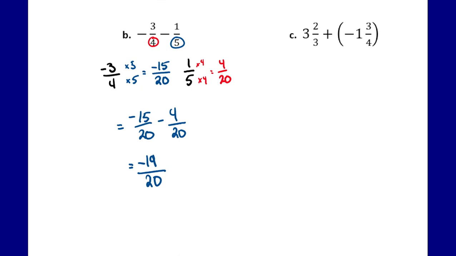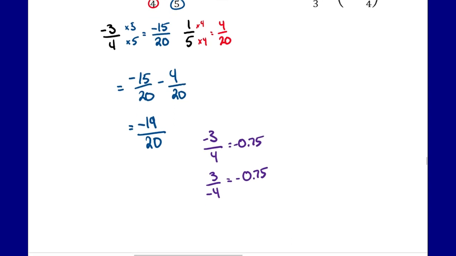Right? And the reason being, I'll just do this as a little aside, if I did -3/4, right, divide that, I would get -0.75. If I did 3 divided by -4, I would get the same thing, -0.75. So whether the negative is on top or on the bottom, I still get the same answer.